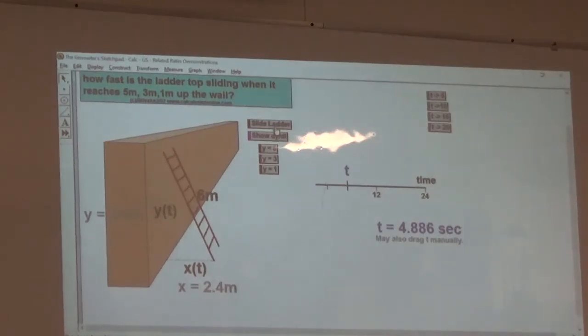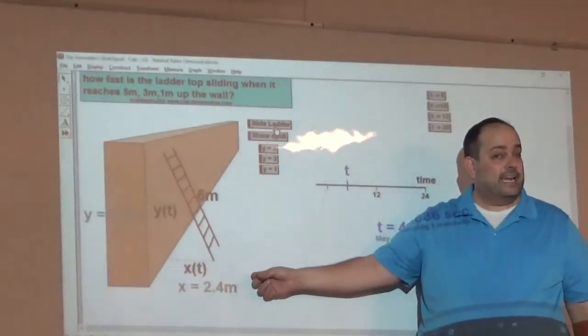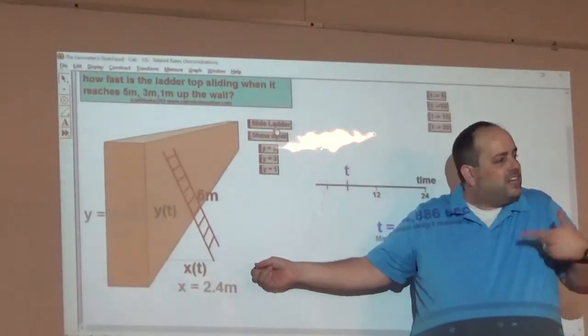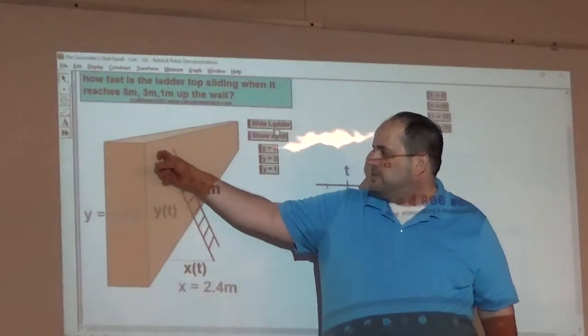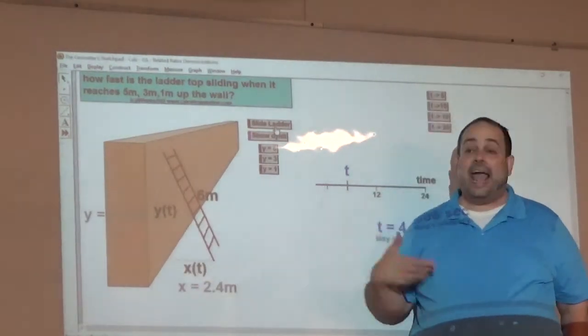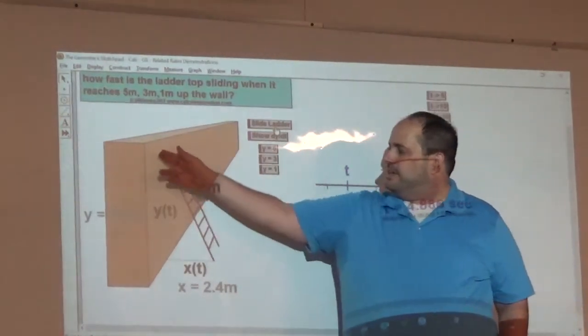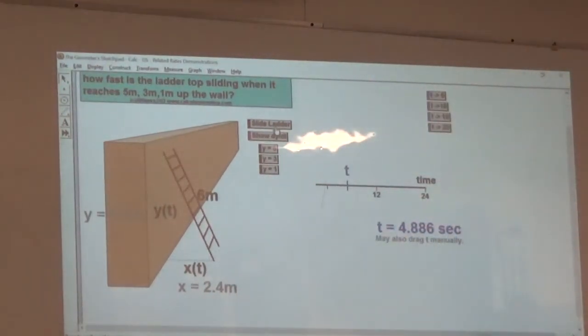All right. So how fast is the ladder getting pulled away from the wall again? A half of a meter per second. That's a rate. Derivatives are rates. Then I'm also asking about the ladder sliding down the wall. The ladder always gets pulled away at a half of a meter per second. What do we think about the rate that the ladder slides down the wall? Same rate?